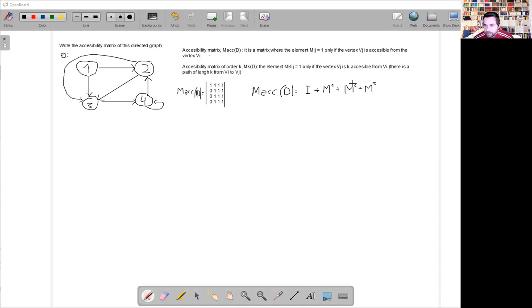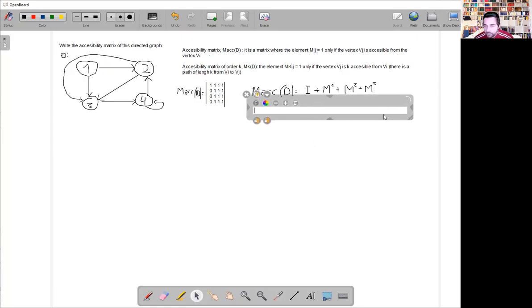Why of order 3? Well, because we only have four nodes in the graph, right? I will let you think about it. Think why we only need to add until the accessibility matrix of order 3, depending on the fact that we have 4 nodes in the graph. So that means if we have 5 nodes, we would need to add also the accessibility matrix of order 4.